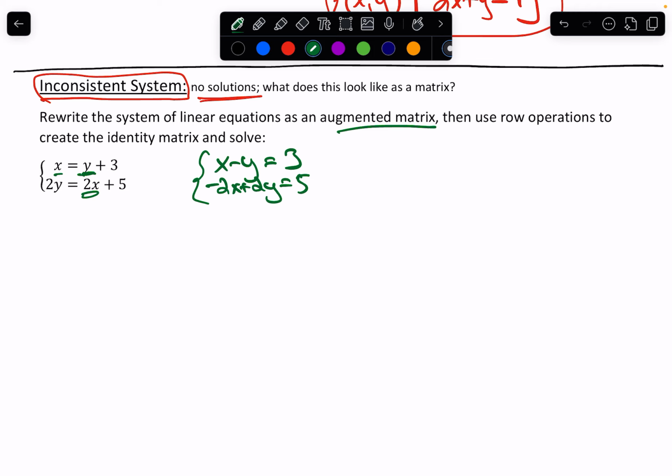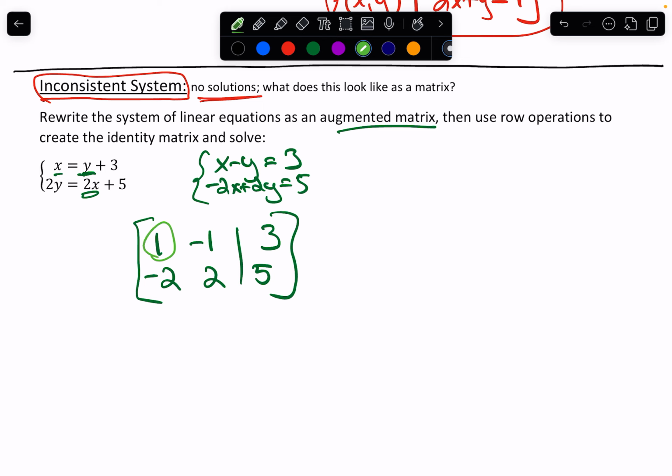So now we're going to write it as an augmented matrix. 1, negative 1, and 3, negative 2, 2, and 5. Now, we already have a 1 here, so we don't need to do anything about that. We want to get this negative 2 to a 0.